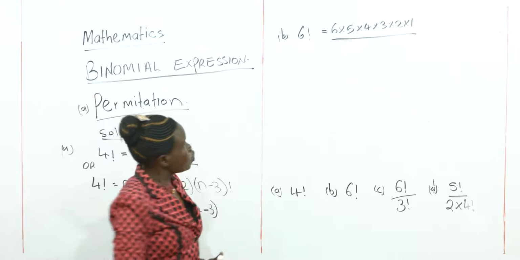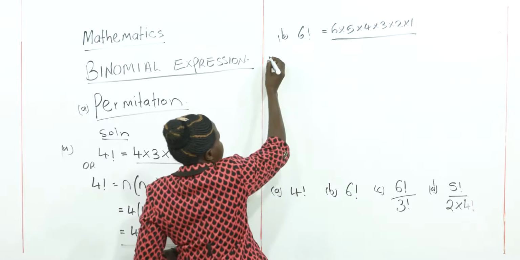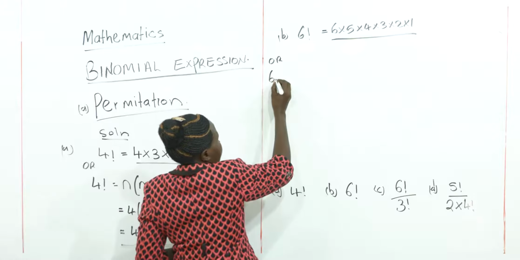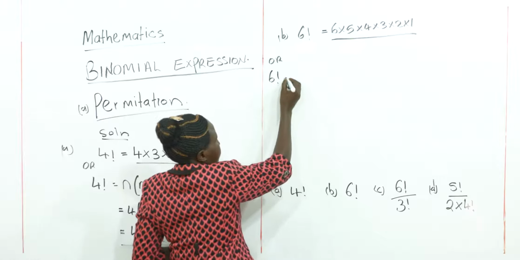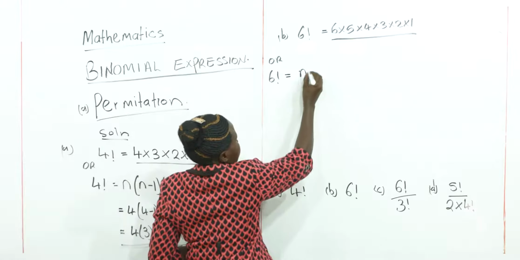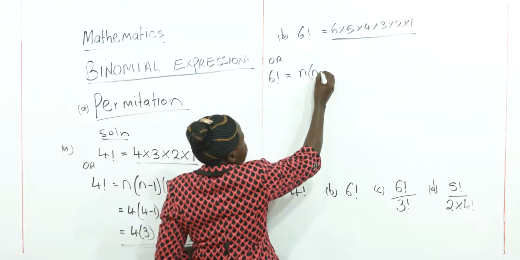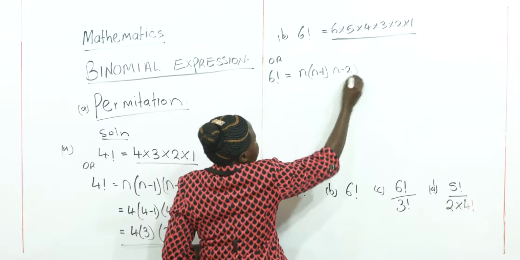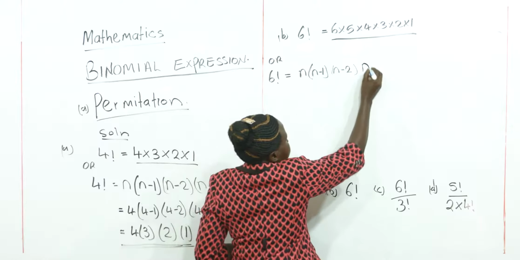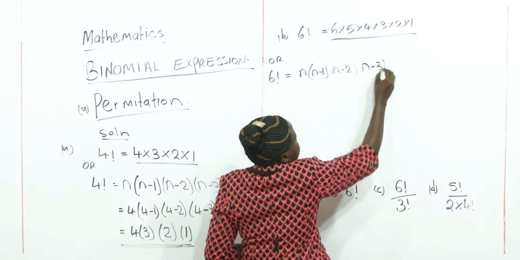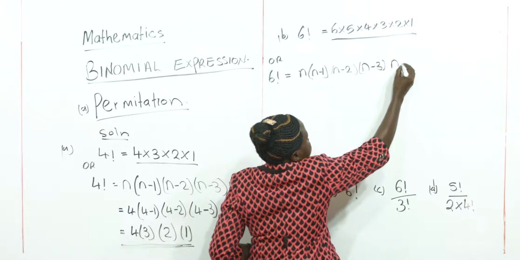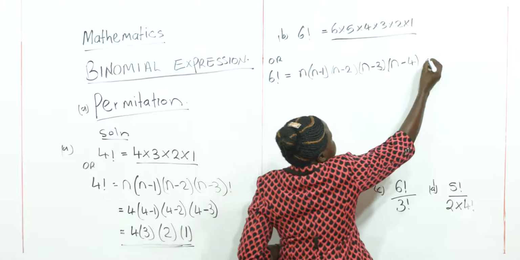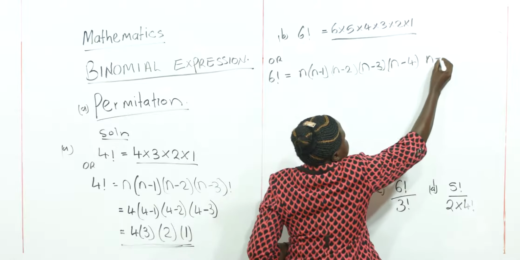Then those who may say that no, I want to use the second alternative, then you can say 6 factorial will give me n into n minus 1, and then n minus 2, and then n minus 3, and then n minus 4, and then n minus 5.